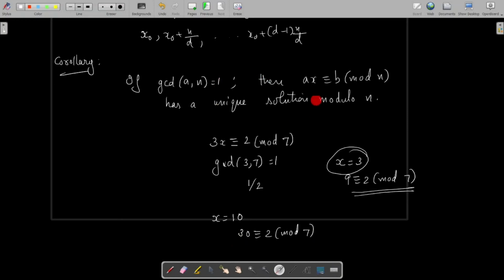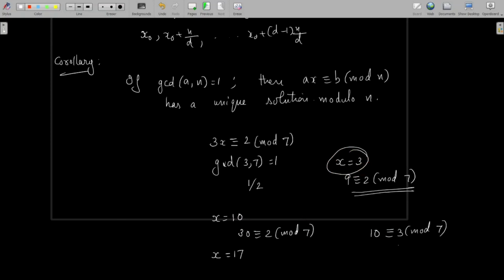But here it says that it has a unique solution modulo n. What do you mean by a solution modulo n? Here x equal to 3 is a solution, x equal to 10 is another solution, and you may see that this 10 is congruent to 3 mod 7, because 10 minus 3 is a multiple of 7. So a unique solution modulo n means that if there is any other solution, that solution will be congruent modulo n to the given solution x equal to 3.